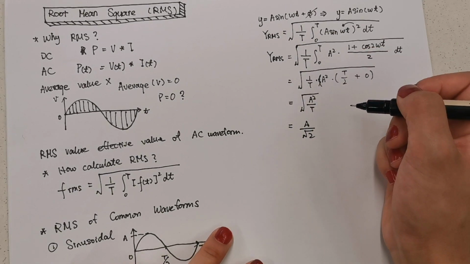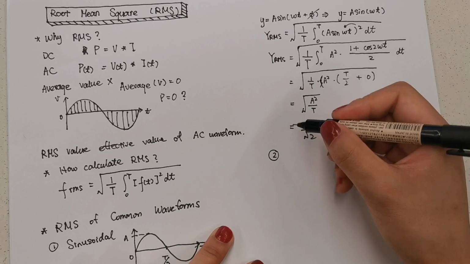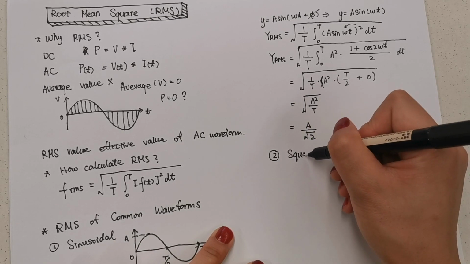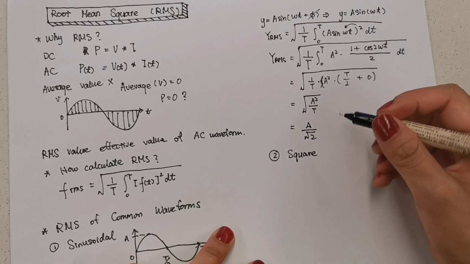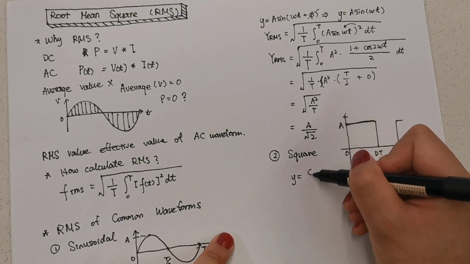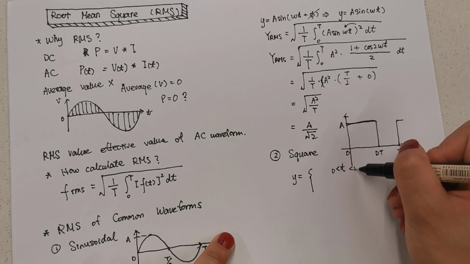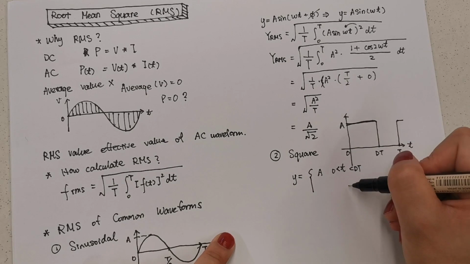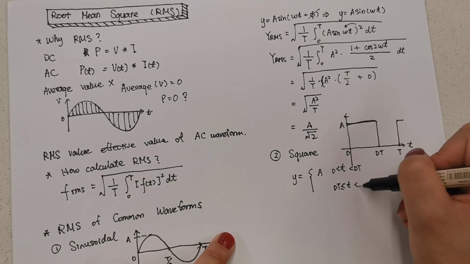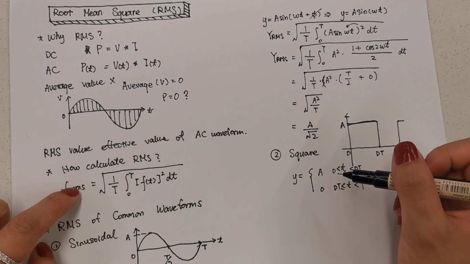Then we move to the next common waveform: the square waveform. The function of this waveform is y equals A when t is between 0 and DT, and 0 when t is between DT and T. We put this into our definition.